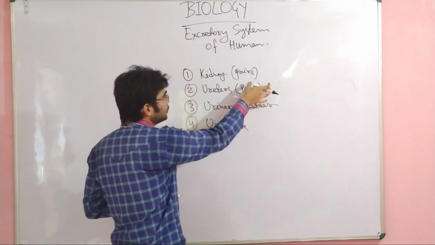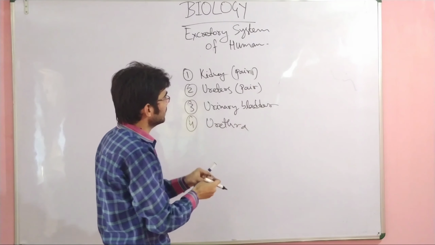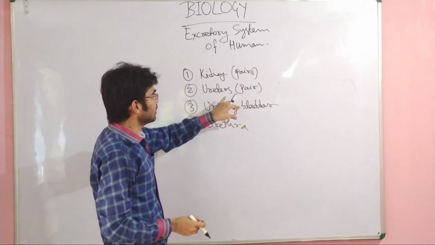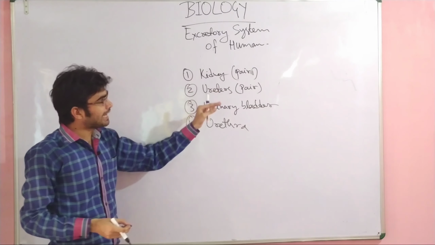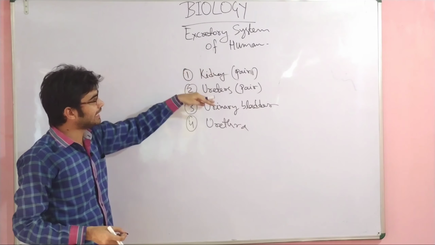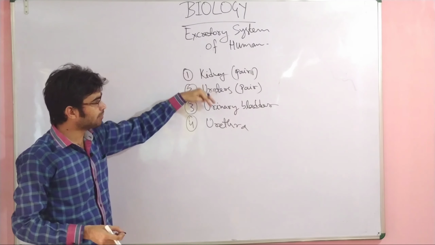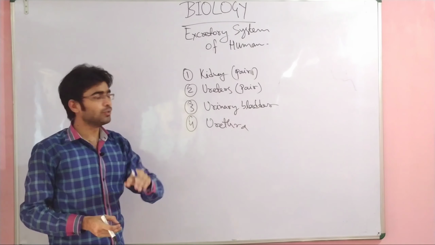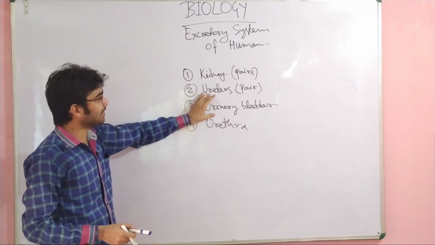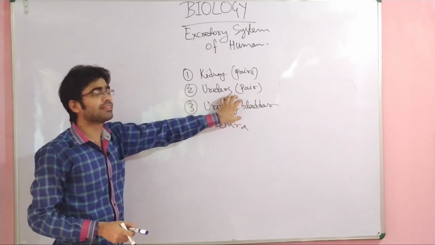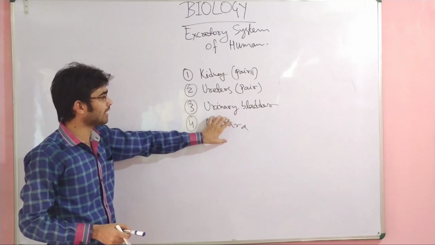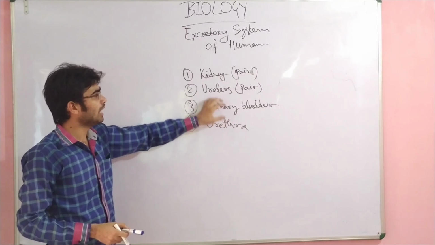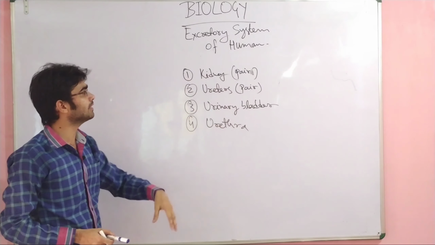These are the tubes which take the urine from the kidney and help in its elimination in the form of urine. This urinary bladder acts as a temporary reservoir. I will discuss that later, and urethra and ureter also, under separate headings.